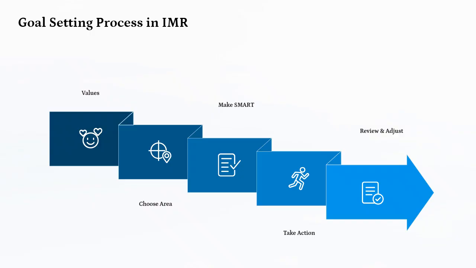1. Defining recovery and identifying goals. The process starts by helping individuals understand what recovery means to them and what they want their life to be like. This involves an open-ended exploration of different life areas such as work, social life, and hobbies.